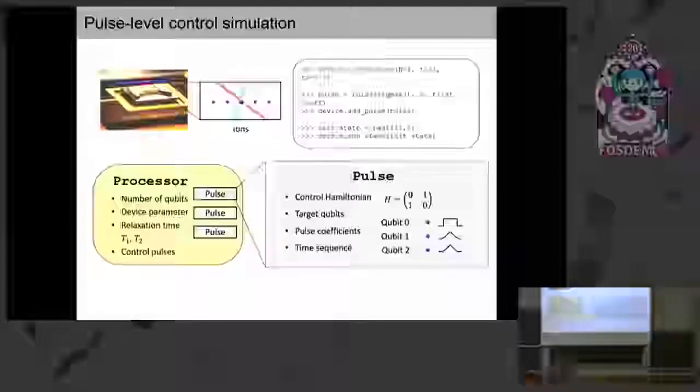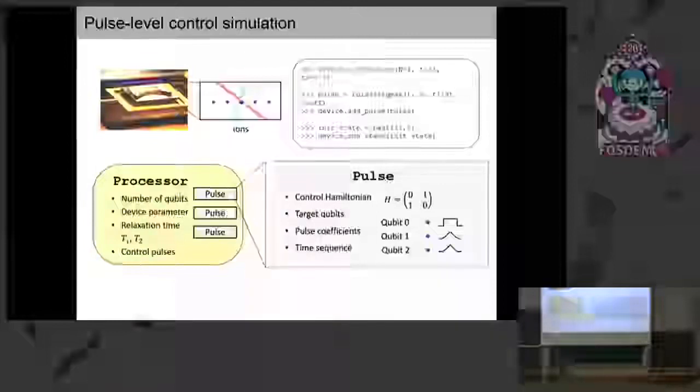It's characterized by the Hamiltonian, which describes the interaction, the target qubits, and also the pulse coefficients and the time sequence. Basically the last two describe what kind of shape your pulse is going to have. So when do I want to turn the pulse on, and does it have a rectangular shape or triangular or even a Gaussian shape?